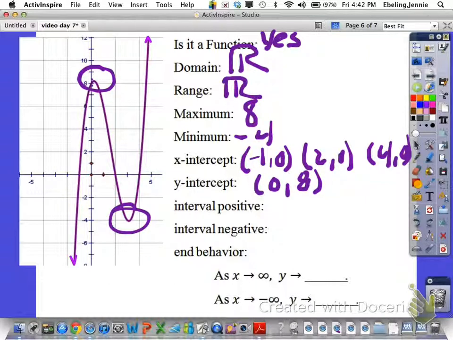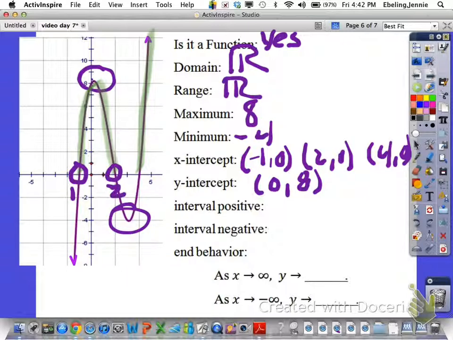The interval positive, well, we have several regions where it is above the x-axis. Interval positive is you name it where it's above the x-axis. So I'm highlighting where it's above the x-axis. And I name the intervals according to the x-intercepts. So from left to right, this was 1, and this was 2.